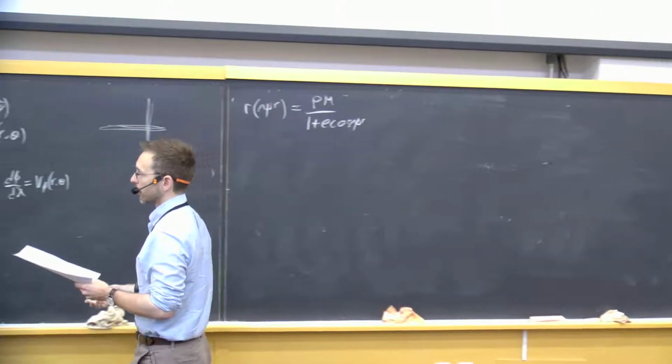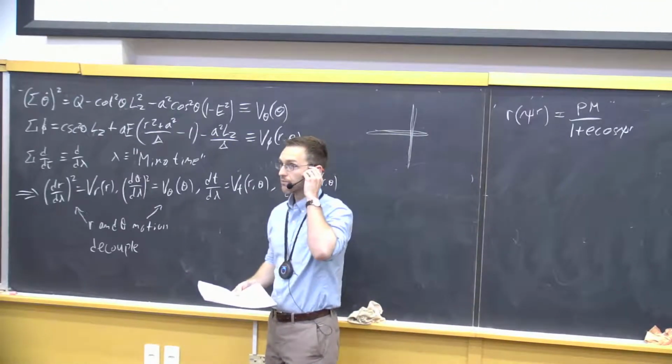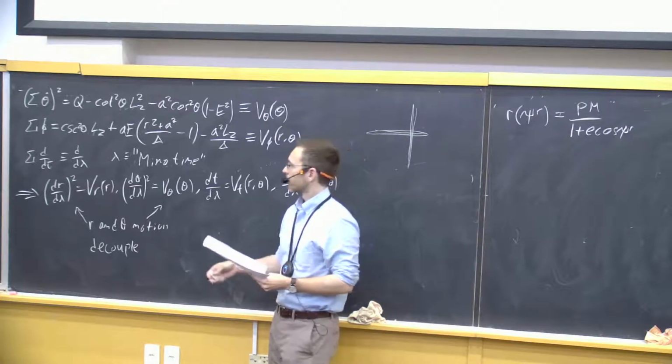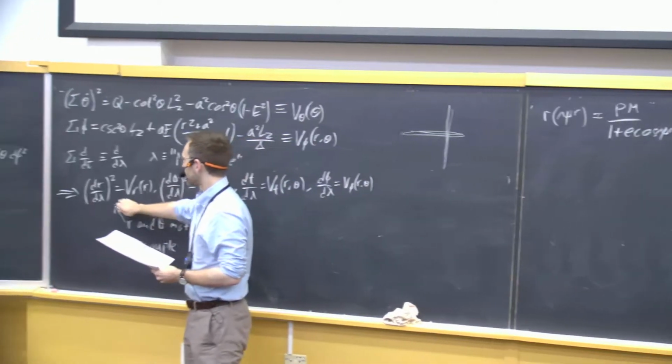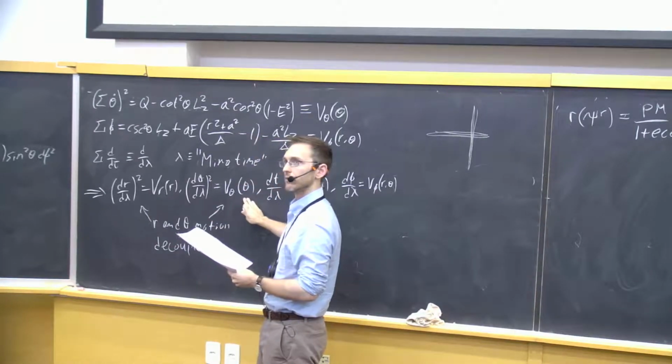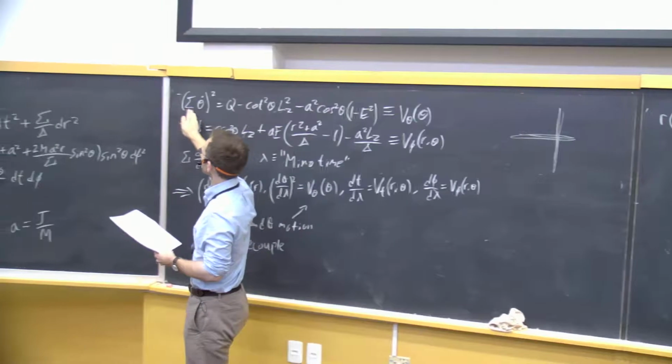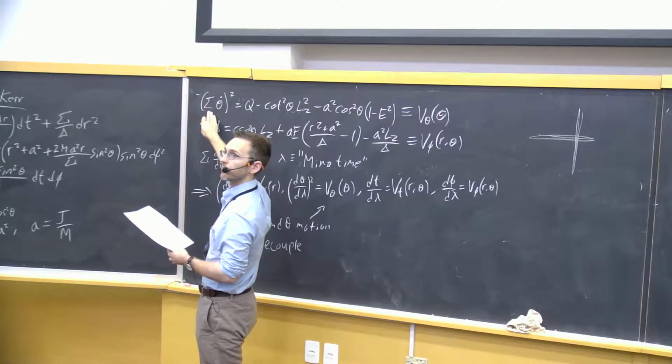What is the meaning of Mino time? It's just a useful time parameter. There's no particular meaning. It's special because it decouples theta motion. Otherwise, you'd have a dependence on R in the sigma, so then the theta motion would depend on the R motion.